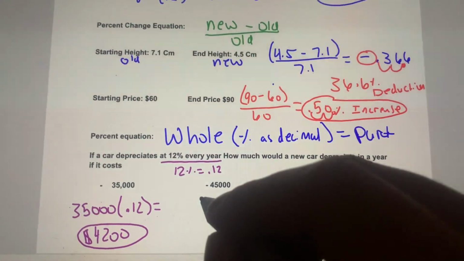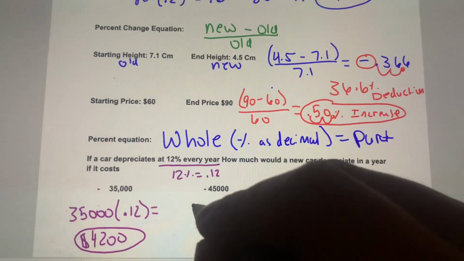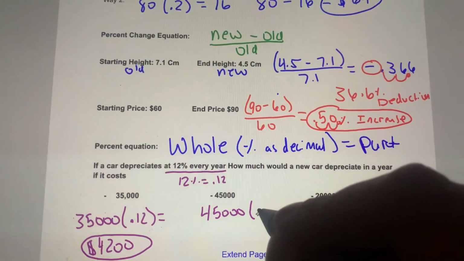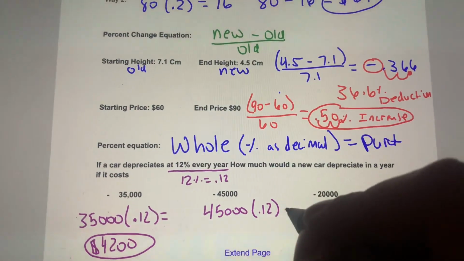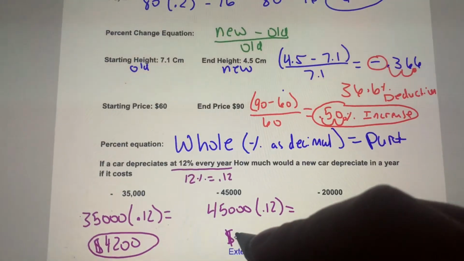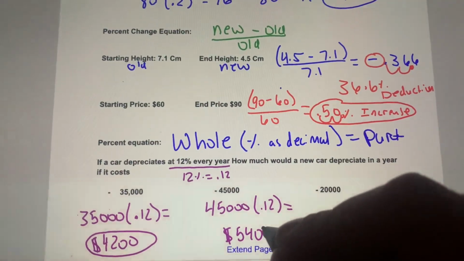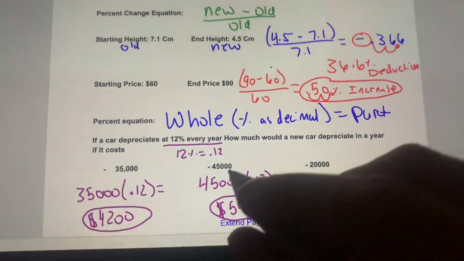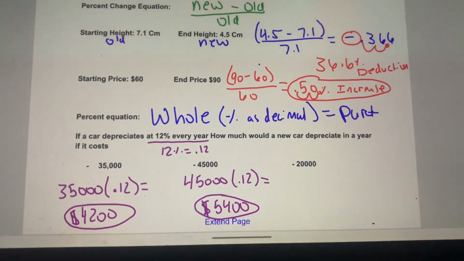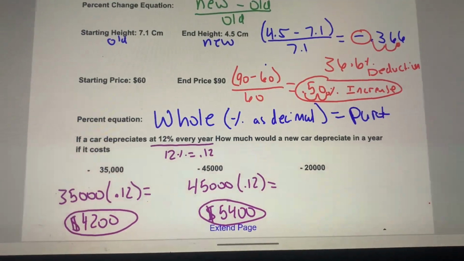For this next one, my whole price, again, I would do 45,000 times my decimal equals, and this one gets me $5,400, meaning in 1 year, my $45,000 car lost $5,400 in value, so it's no longer worth $45,000.